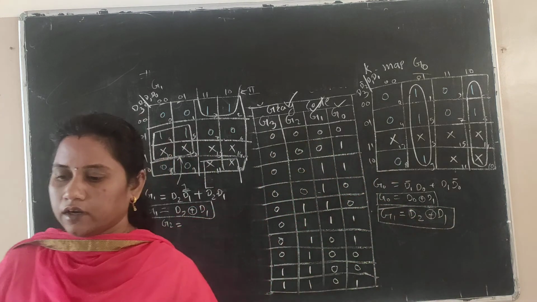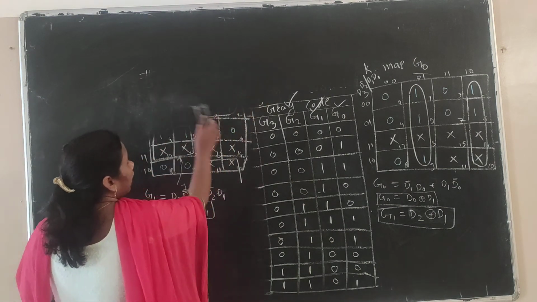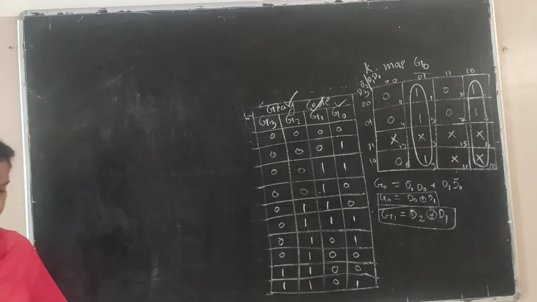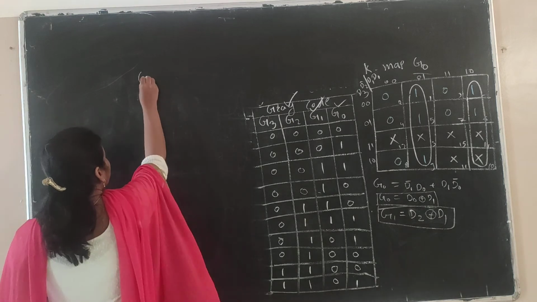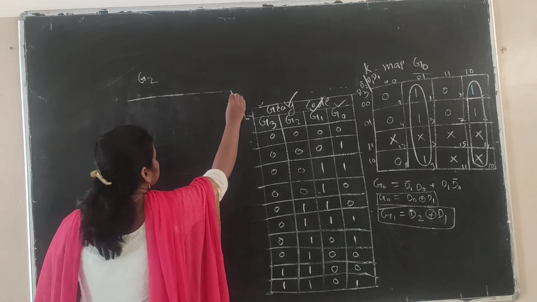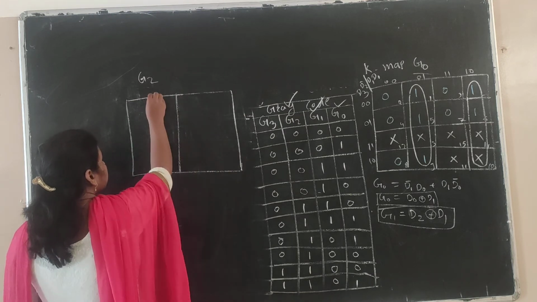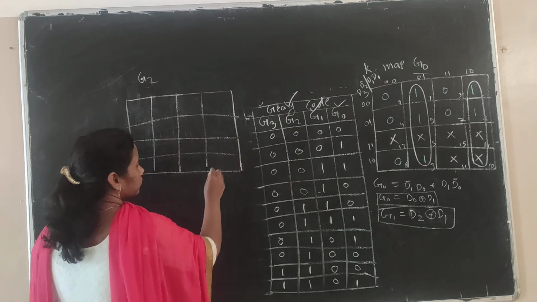Now go for the next G2. I will rub this and go for these two remaining and directly go for the realization. For G2, the K-map is again of 16 cells. Same manner, in this way we can write the equations also.